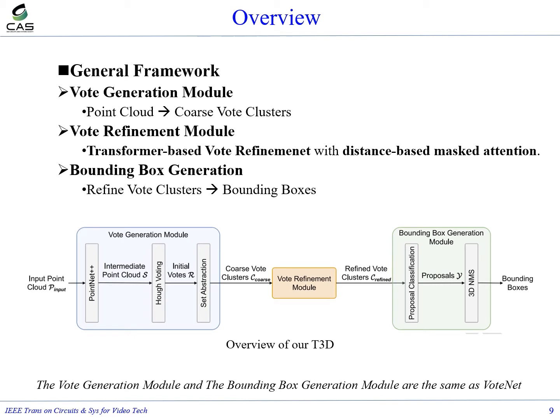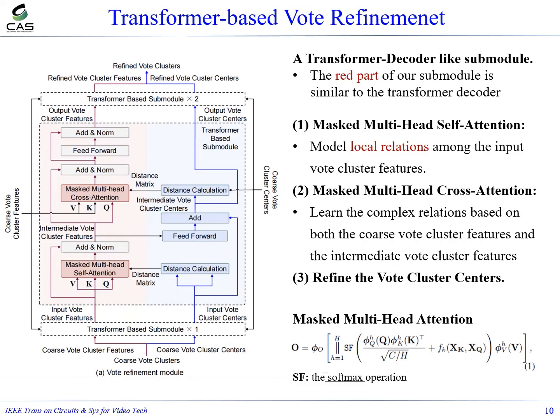The vote generation module and the bounding box generation module are the same as VoteNet. For the vote refinement module, we use a transformer decoder-like submodule to generate accurate votes. We use the masked self-attention layer to model local relations among the input vote cluster features and masked cross-attention to learn the complex relations based on both the coarse vote cluster features and the intermediate vote cluster features.